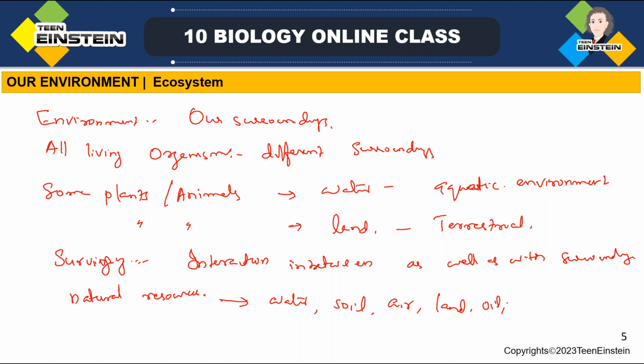Oil, then gas, all these human beings are utilizing. So all these resources are improving the lifestyle of human beings, right? The usage of these natural resources is improving the lifestyle of human beings.